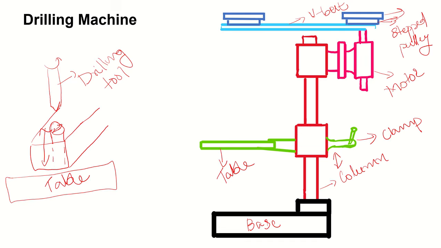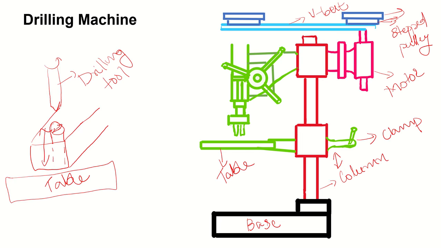So we have started the motor, and the motor is running at a specific speed, and with the belt and pulley arrangement we are giving a desired speed to the tool. This one is the drill bit, the drilling tool.